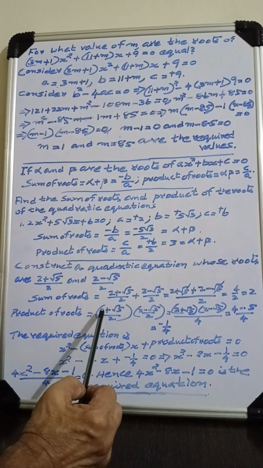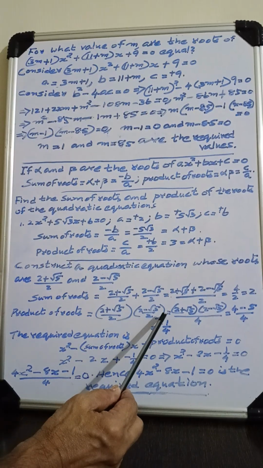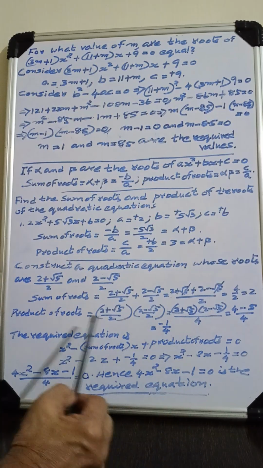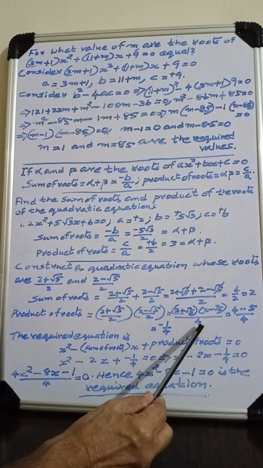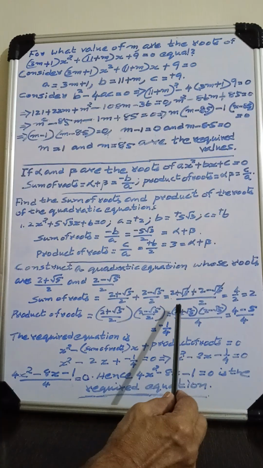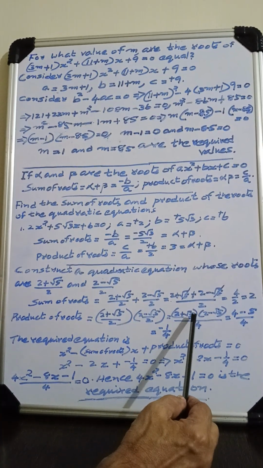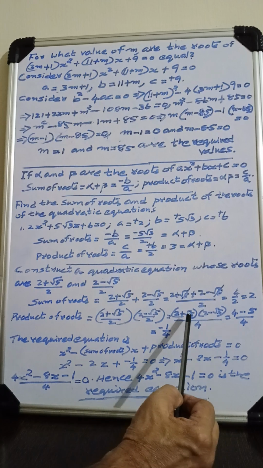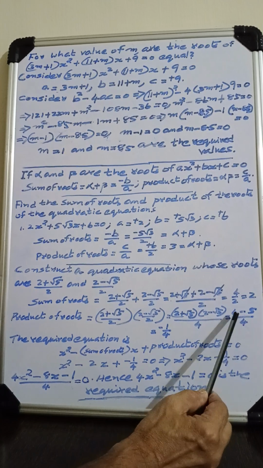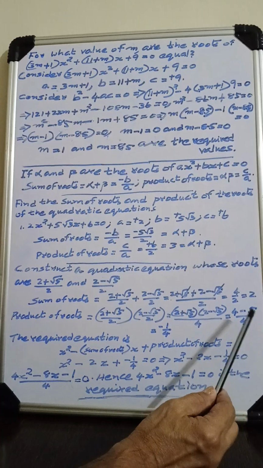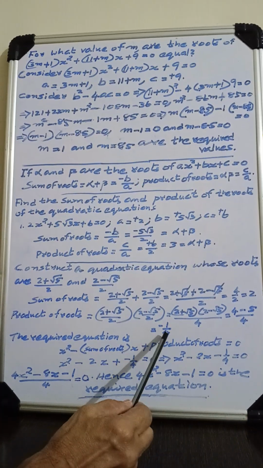Taking the numerator, (2 plus root 5) into (2 minus root 5), that is (a plus b)(a minus b), over 2 into 2, 4. (a plus b)(a minus b) is a squared minus b squared, that is 4 minus root 5 the whole squared, 5. Therefore, 4 minus 5 by 4, that is minus 1 by 4.